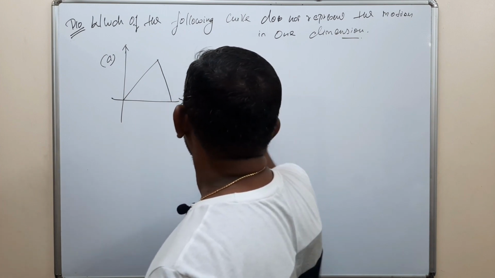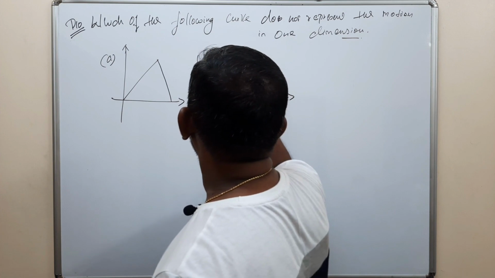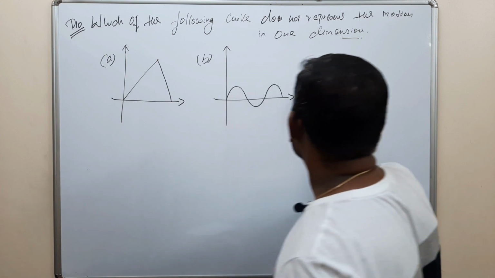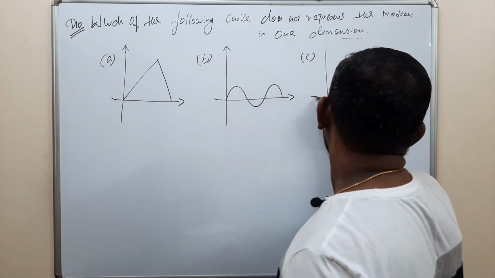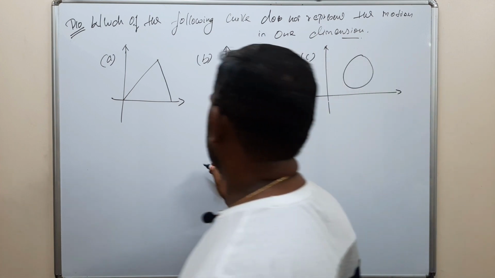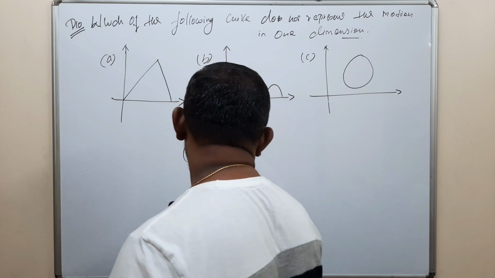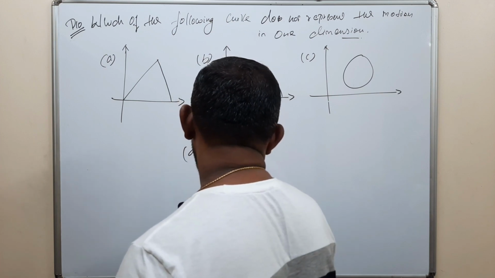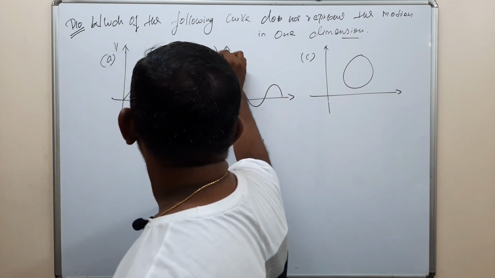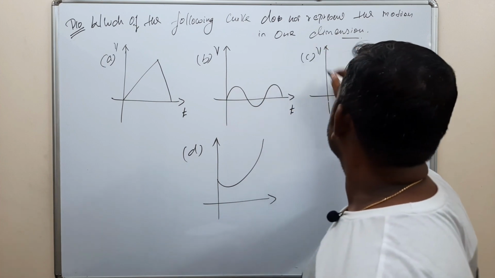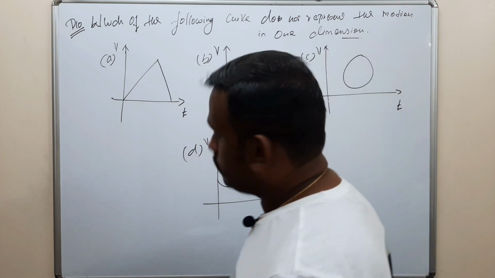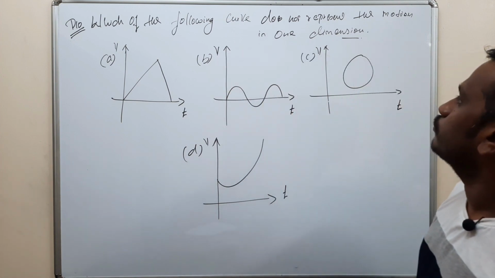Option B. So velocity time graph. Which of the following curves does not represent the motion in one dimension?